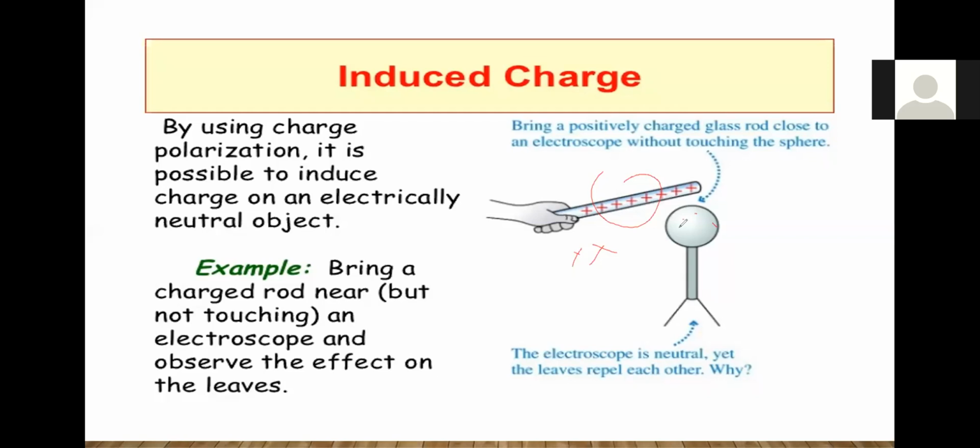What about the other surface? The other surface will behave the other way, acting as a negative charge. Some attraction will happen between the pen and the paper, and this kind of polarization we call induced charge.